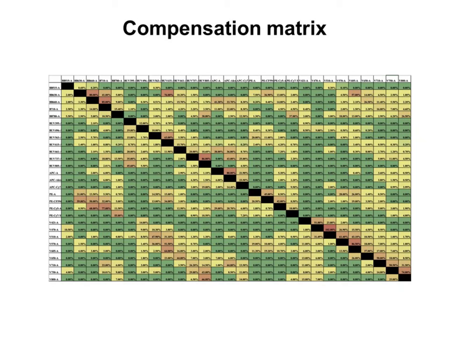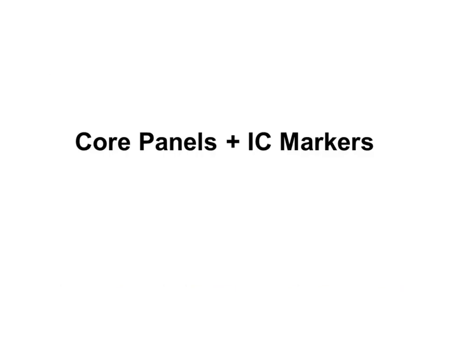If you use this principle of the core panel, how you design it, the dropping to better understand your machine, better understand the spillover, and to optimize the panel design, then you end up with 25 plus markers without having issues with compensation.